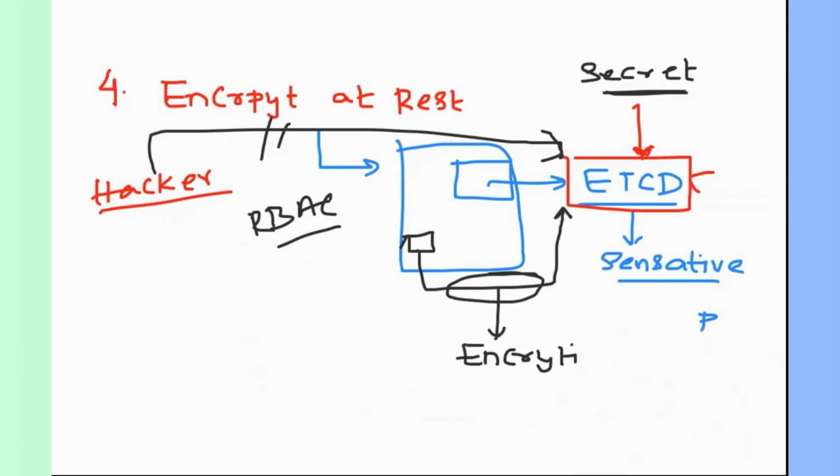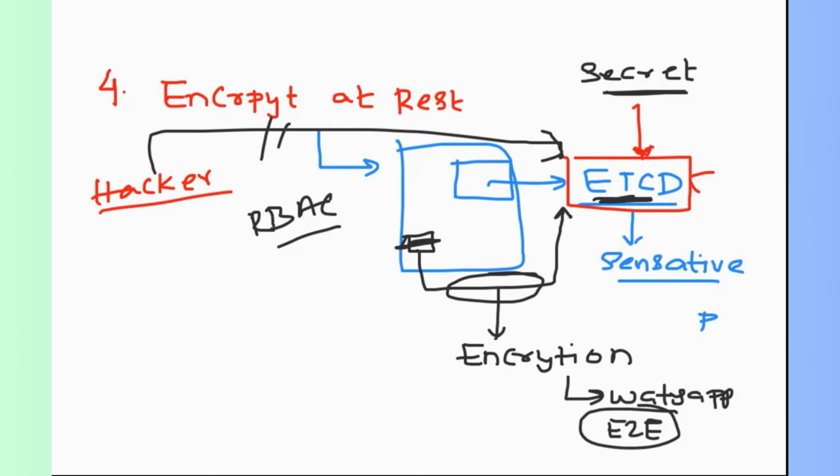For example, you are sending a message to your friend over WhatsApp. WhatsApp will ensure that there is end-to-end encryption. So similarly, whenever this secret that you have created is getting saved in etcd, you have to ensure as a DevSecOps engineer that you have set up an encryption in between.